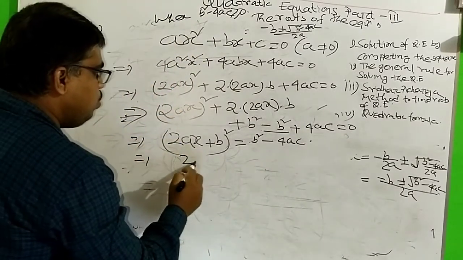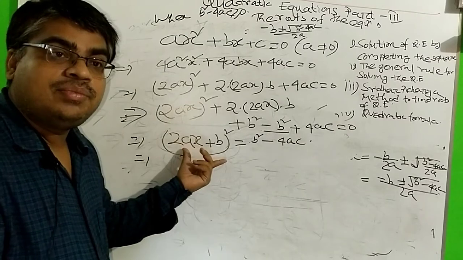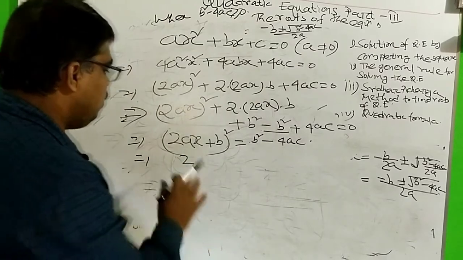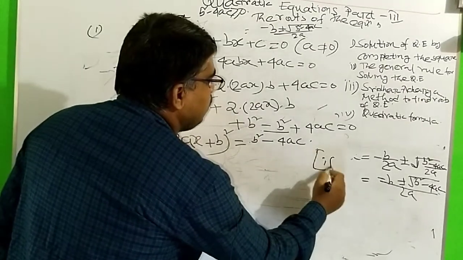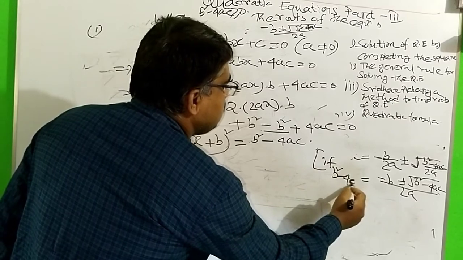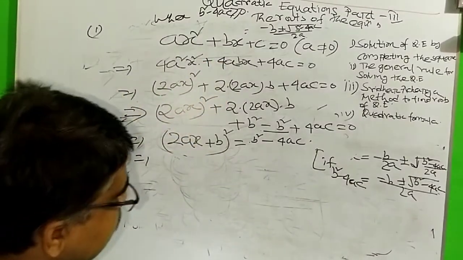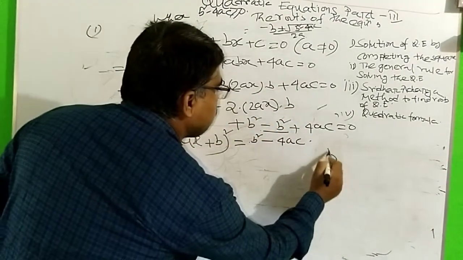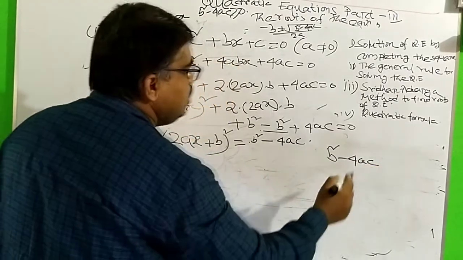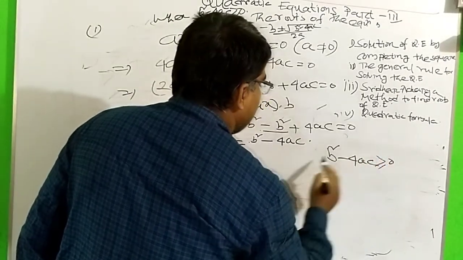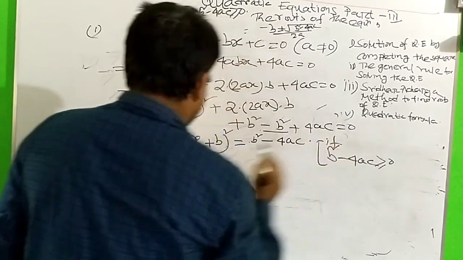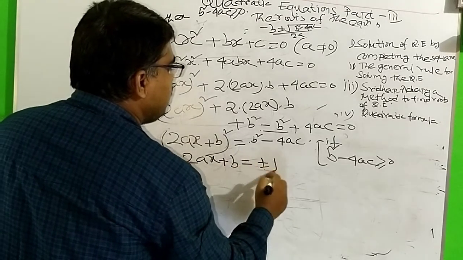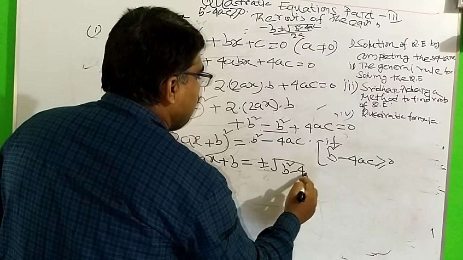Okay, you notice that it is a square term, so this term will not be negative, this must be positive. If b square minus 4ac is greater than or equal to 0, we get 2ax plus b equal to plus minus root over b square minus 4ac.